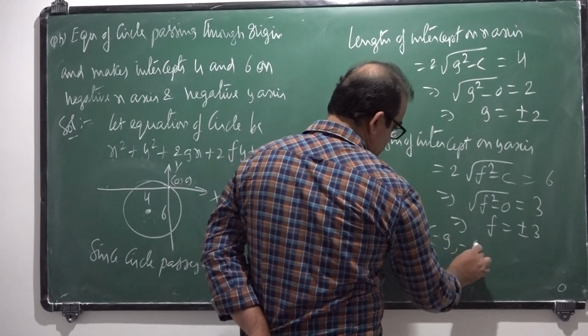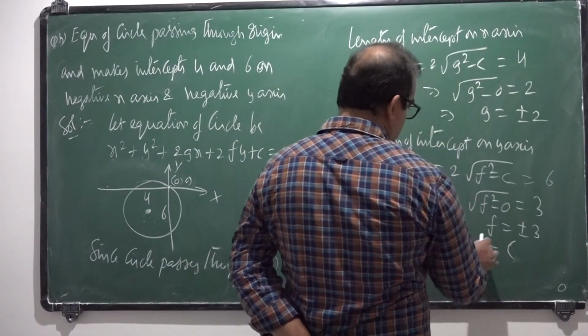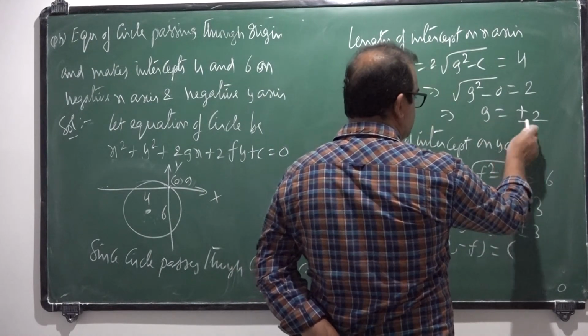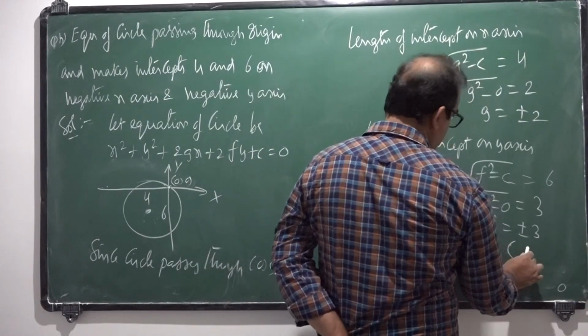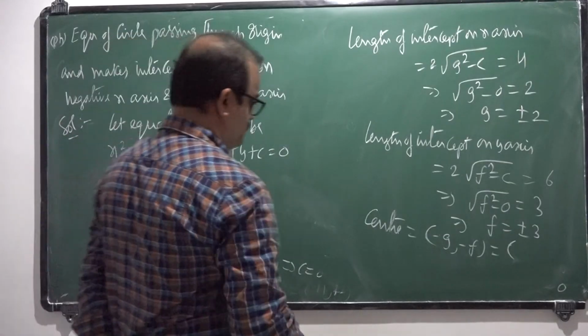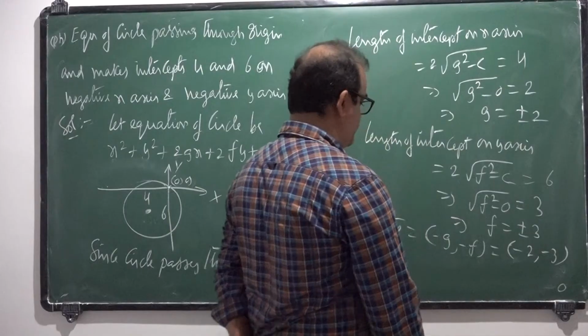Minus g, minus f. Here g takes two values, plus 2 and minus 2. But the center must be negative here. So it is minus 2 and minus 3.